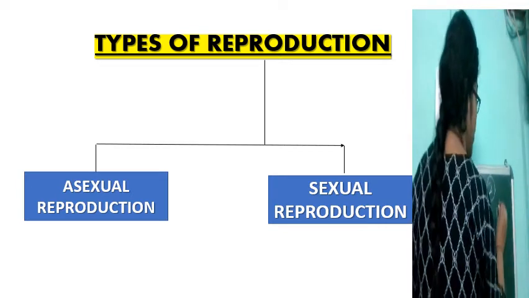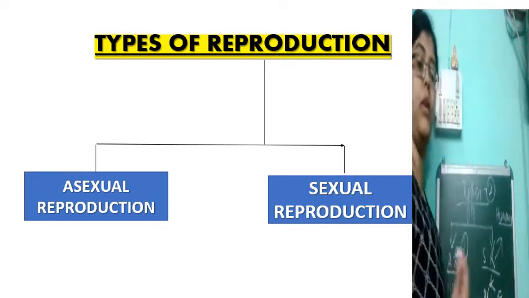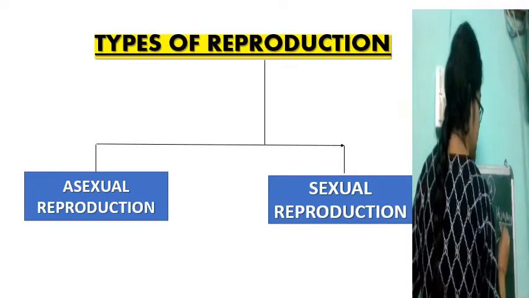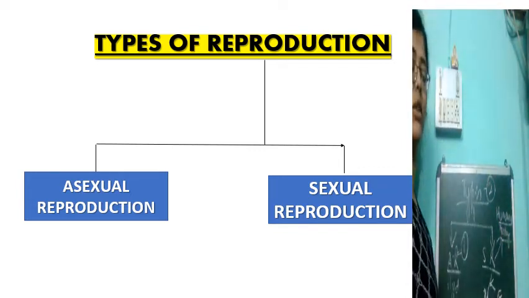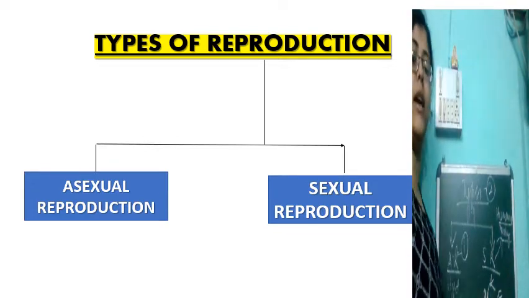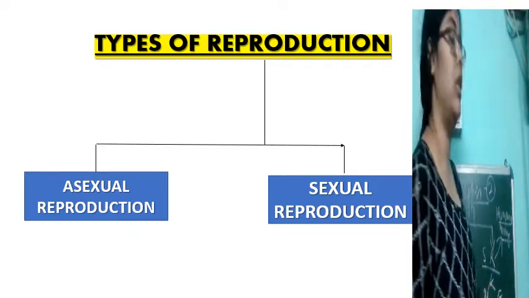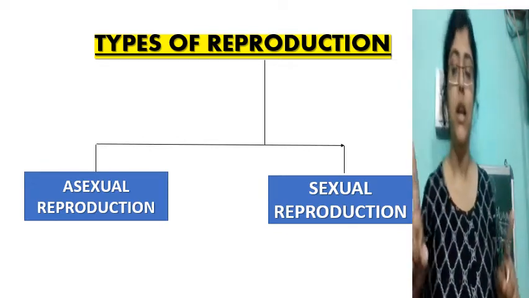Yes, humans are a very good example of sexual reproduction. Moreover, as you can see in the picture, the monkey is also a good example of sexual reproduction. Dogs, cats, cows, etc. are all very good examples of what? Sexual reproduction, because here two gametes are involved, one male gamete and one female gamete.